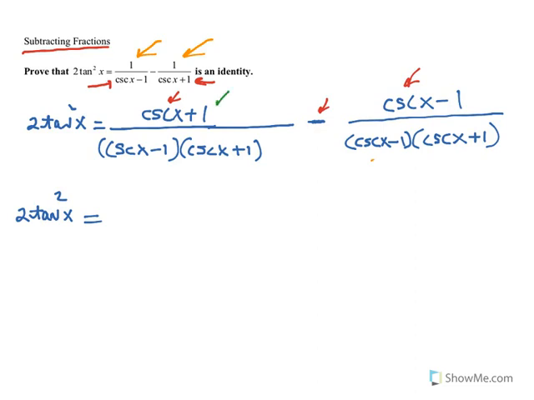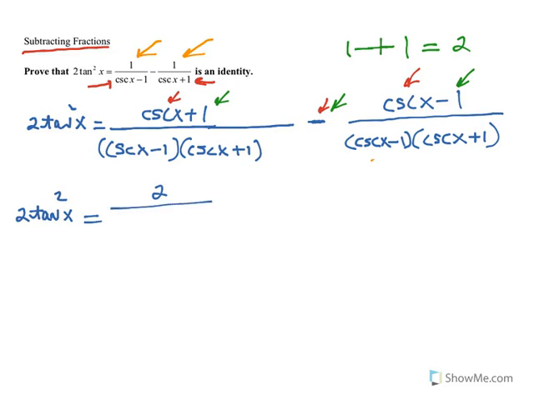And then we have a 1 minus a negative 1. So if you have 1 minus negative 1, two negatives in a row, that's going to make it plus. So we're basically going to end up with a value of 2 up top. So that's going to be 2. So cosecant minus cosecant was 0, and 1 minus minus 1 is 2.